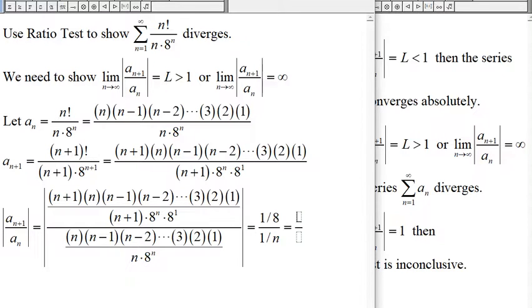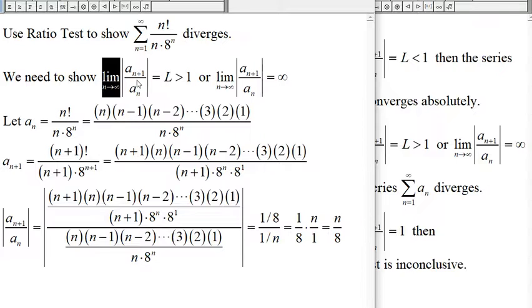But this means 1 over 8 times, dividing by 1 over n is the same as multiplying by the reciprocal, and the reciprocal is n over 1. So we end up with n divided by 8.